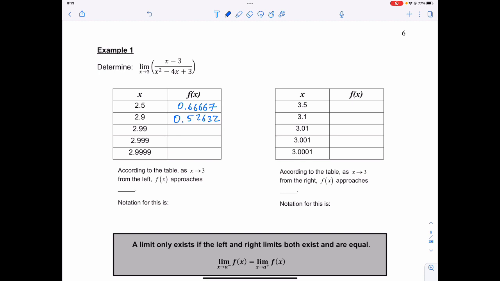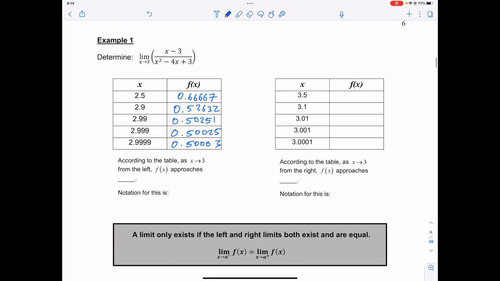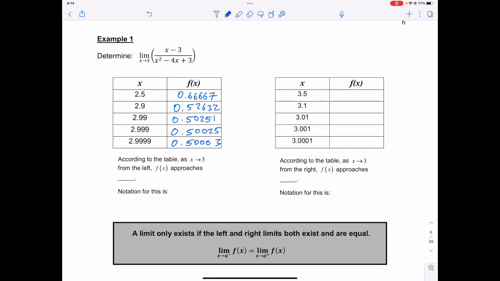As I keep going, I get 0.50251, 0.50025, 0.50003, and I'm getting closer and closer, as I'm approaching from the left, to the value of 0.5, or 1/2.